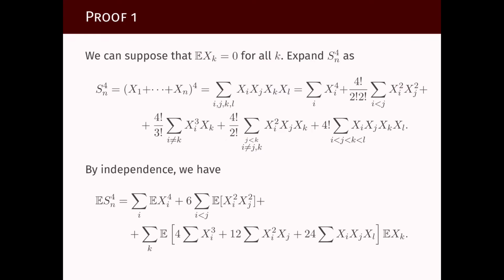First, to simplify the argument, let us suppose that all the expectations of these random variables are 0. We can do that. Why can we do that? Because they all have finite fourth moments, and therefore they have finite second moments. We have proved that in two different ways, by using Jensen's inequality and by using the Cauchy-Schwarz inequality.